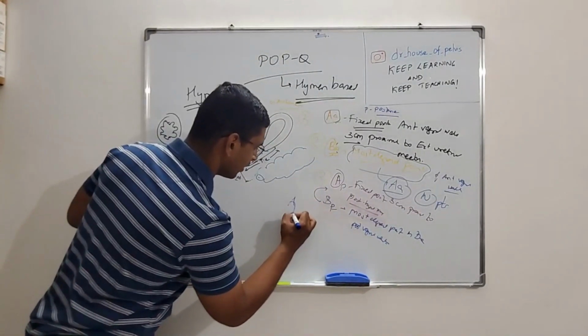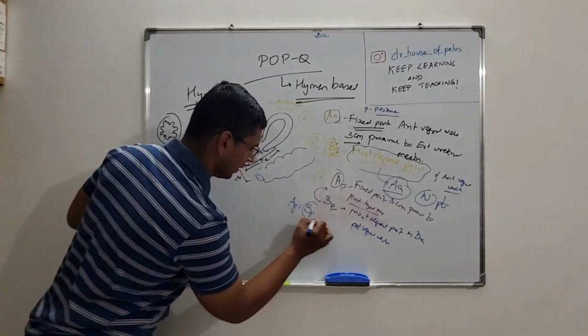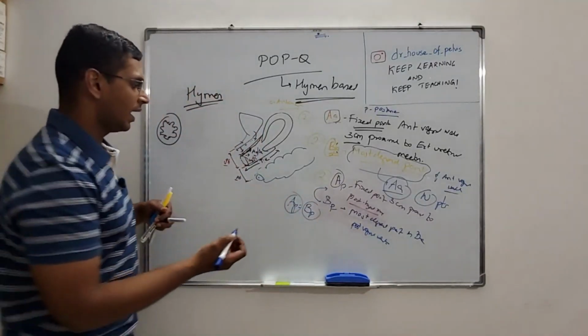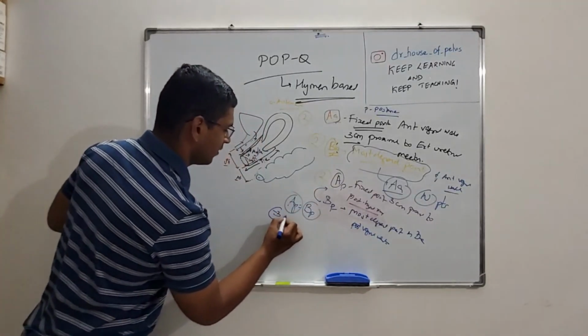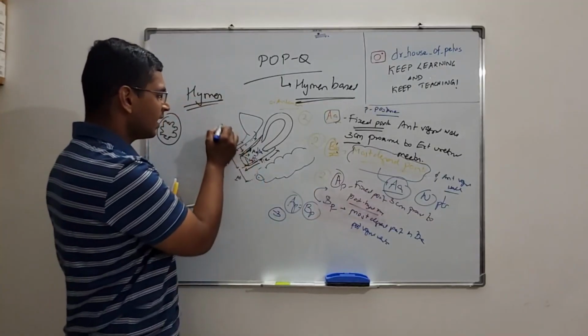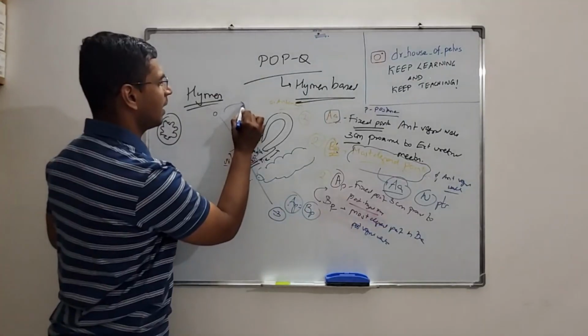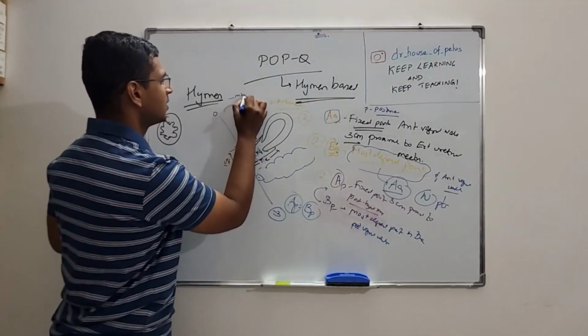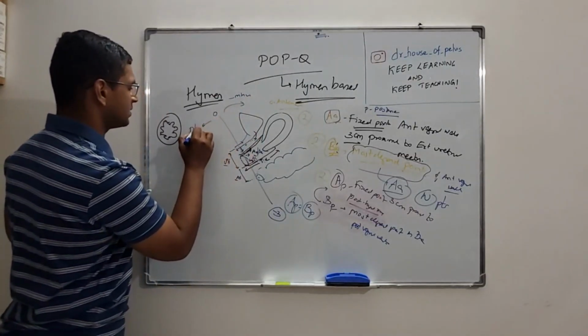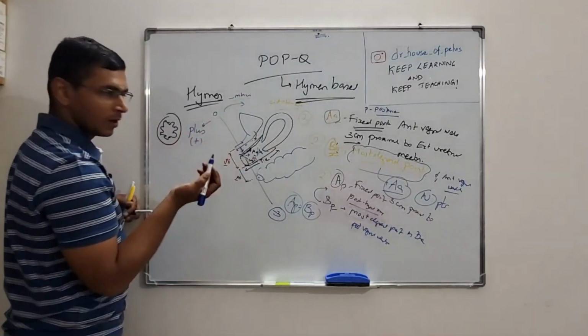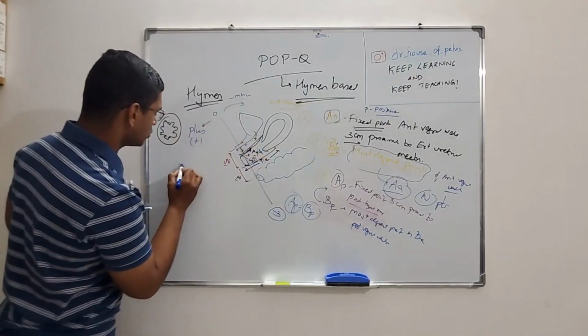So usually point AP is at the level of point BP, which will be at a length of -3, which is anything that is at the axis of hymen is considered as 0. Anything above this is considered in minus. Anything below this is considered in plus. Okay, so point AA is usually at -3.